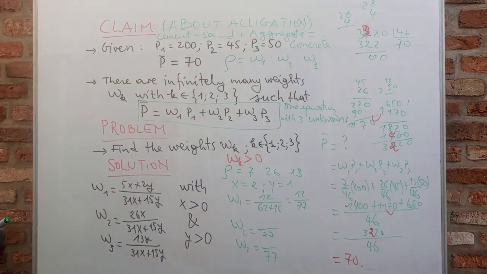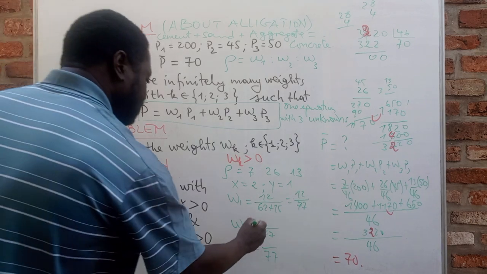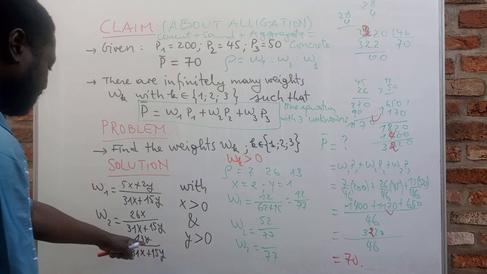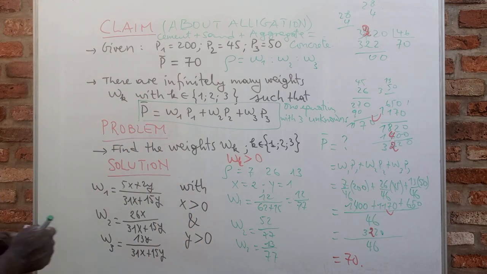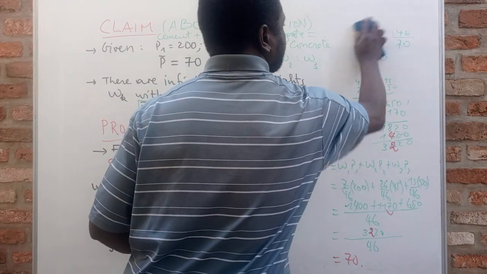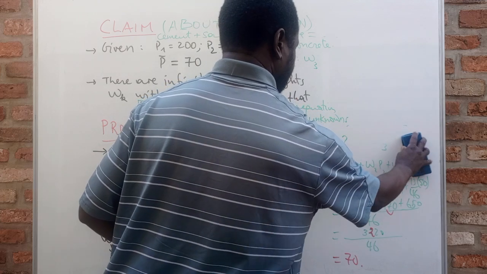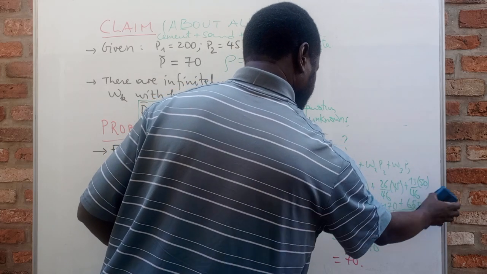All right. Next is to count 26 times 2. It's gonna be 52. So 13 times 1 is gonna be 13. Okay, very good. So now next we're gonna check again that the weight formula is the same.